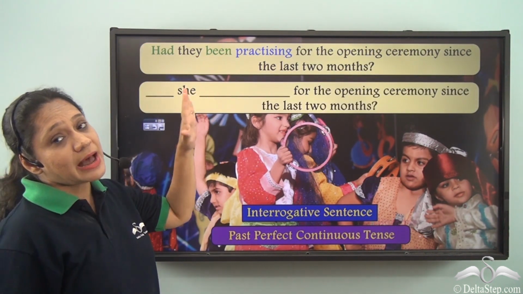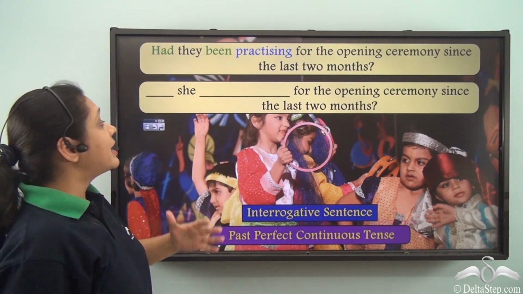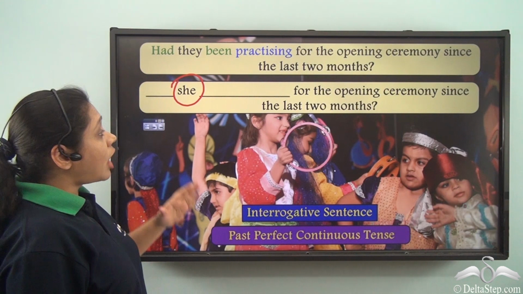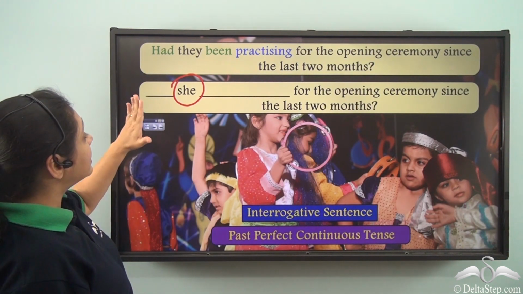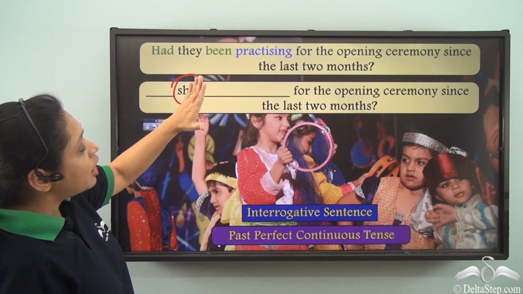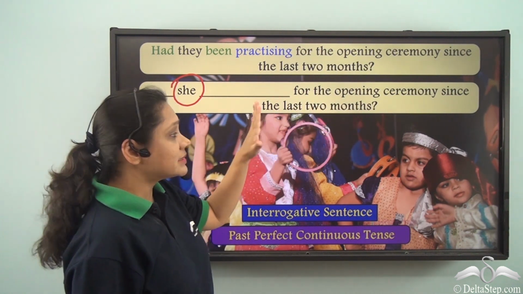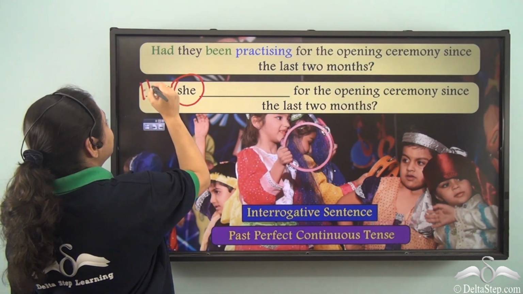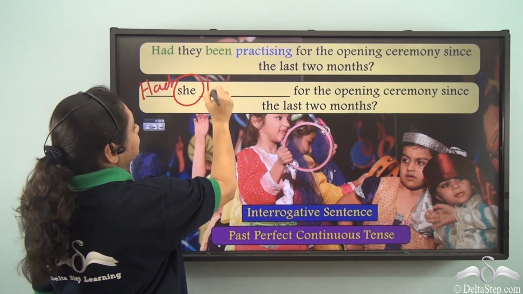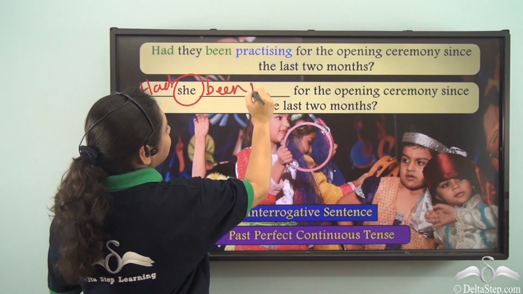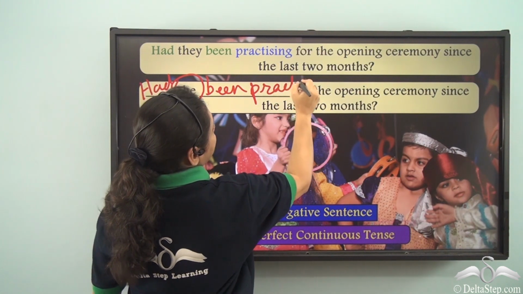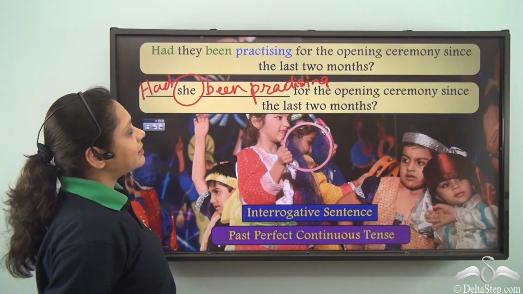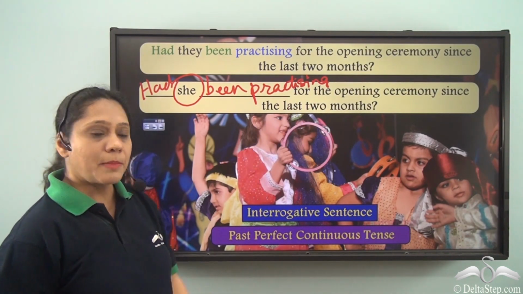So how would we have written the same sentence if our subject would be singular she? So how would we complete the sentence? Dash she dash for the opening ceremony since the last 2 months. We would have also used then, had she been practicing for the opening ceremony since the last 2 months.